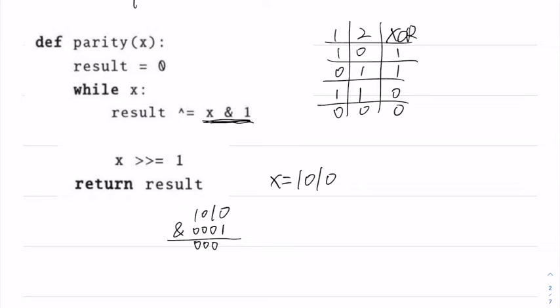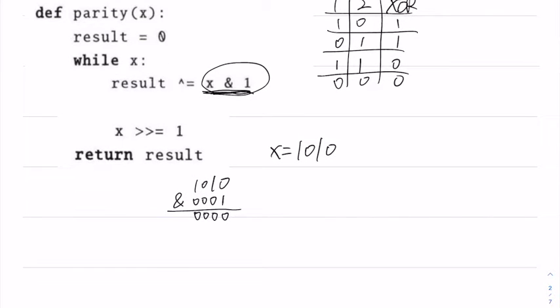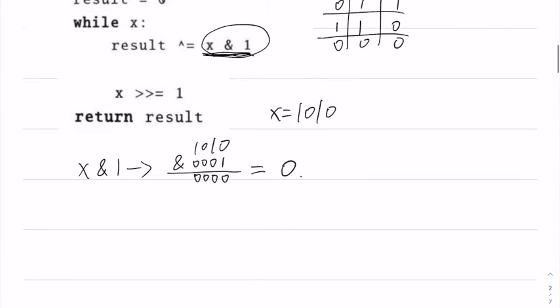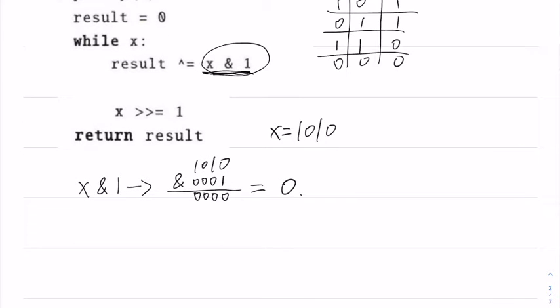This step only returns a 1 if the last digit is a 1. In this case the last digit is a 0, so this returns a 0. So x AND 1 gives us 0. And we're going to XOR this 0 with the current result.